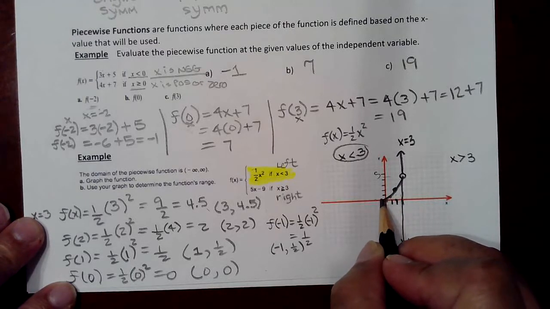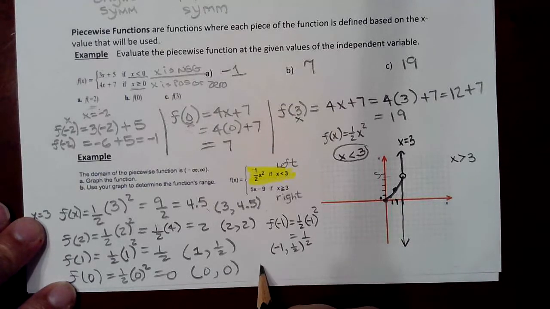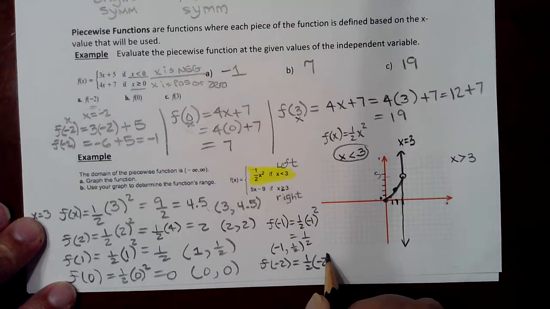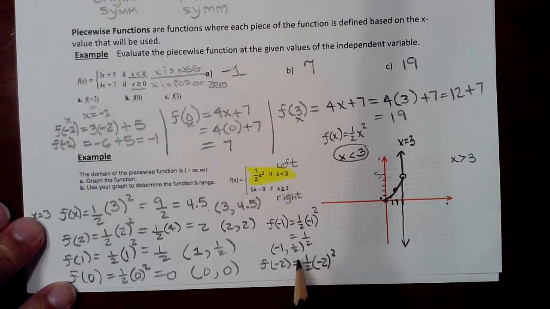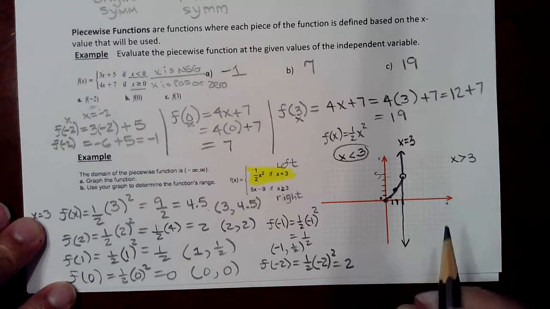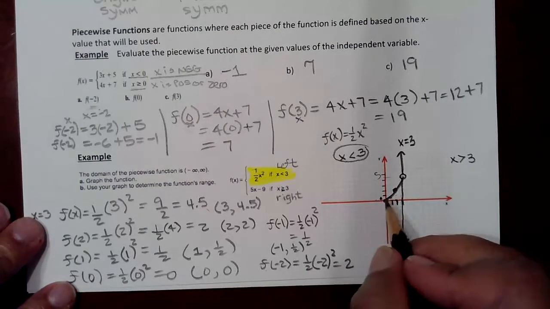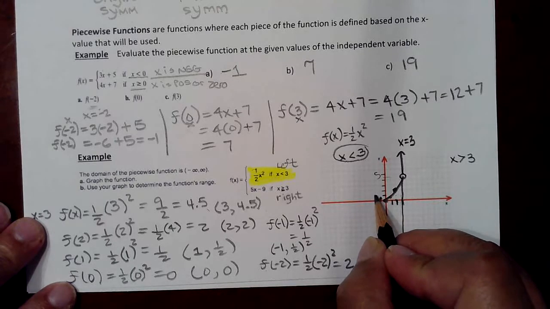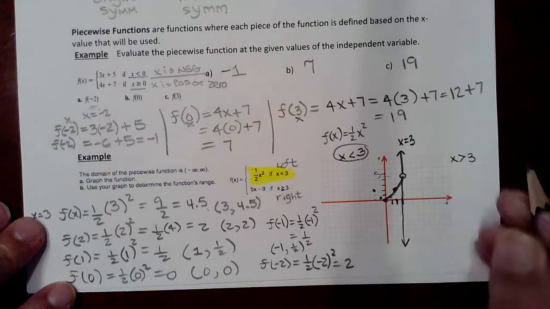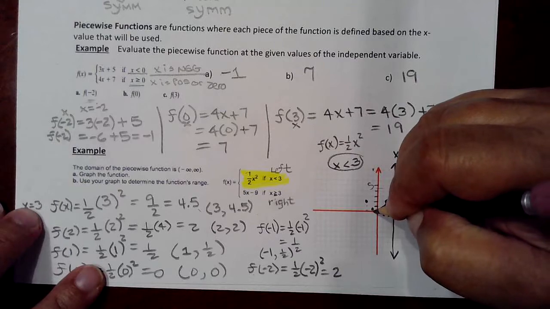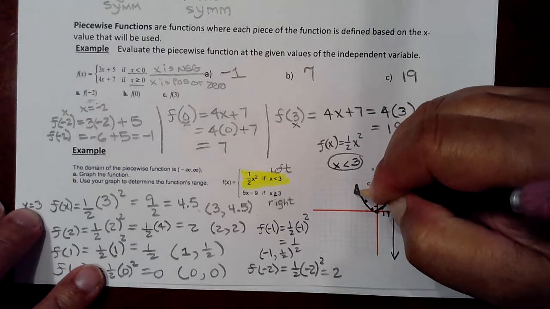And then if you were to plug in -2, it would be 1/2 times -2 squared. That would be 4 times 1/2 is 2. So you'd be plugging in -2, 2, and there you go. It's starting to climb up to give you that parabolic shape.